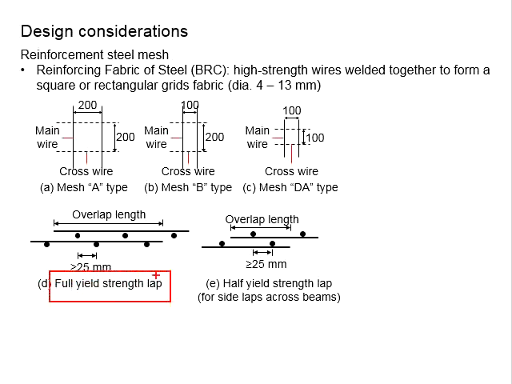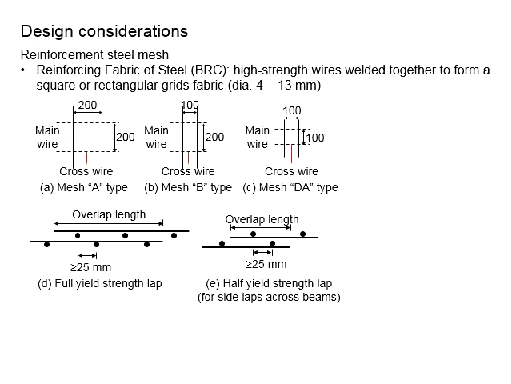The full yield strength lapping means that the lapping length is sufficient for the stress to fully transfer from a BRC to another BRC. As for the half yield strength lapping, that means the lapping length is just enough for the partial distribution of the stress from a BRC to another BRC.